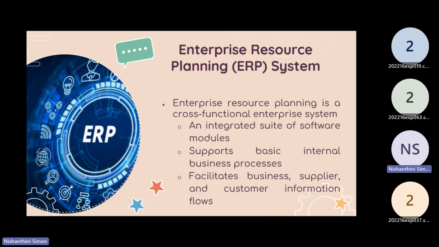Even pushing these orders, what we are getting from the customer side, definitely. Or even customers, we can consider them also as a resource. So any resource could be from the customer side, the supplier side, or inside the enterprise in the business. All these resources, if you are going to manage them, if you are going to do all these processes with one system, yes, that is going to be your enterprise resource planning system.